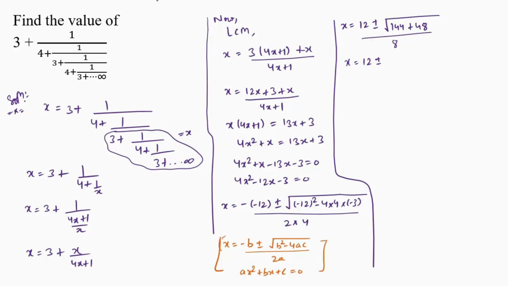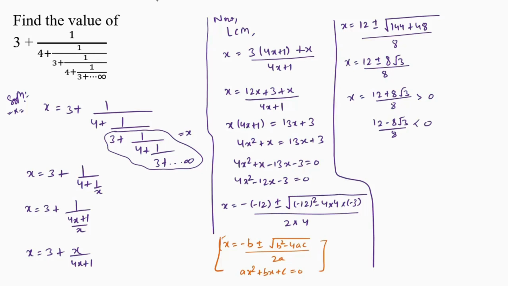On solving this, we get 144 plus 48, that is 192, and square root of 192 is 8 root 3, divided by 8. So we have the two values of x. One is 12 plus 8 root 3 divided by 8, which is a positive number, and second is 12 minus 8 root 3 divided by 8, which is negative.